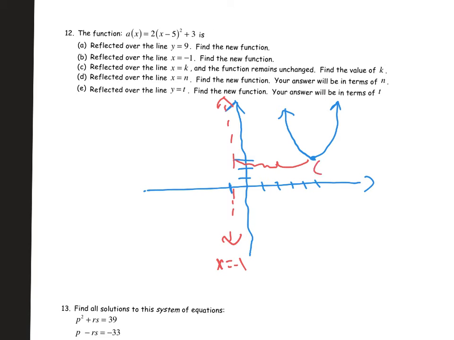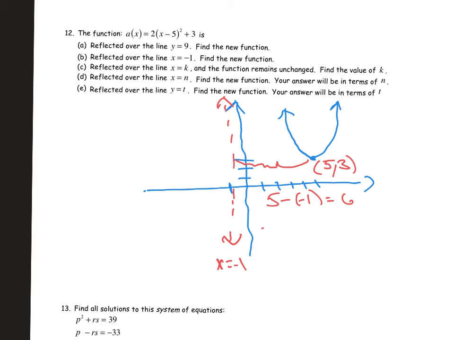Remember, let's put in what this point was. It was (5, 3). So to find this horizontal distance, I did 5 minus -1, which got me 6.